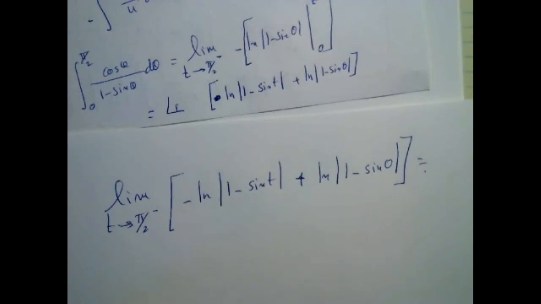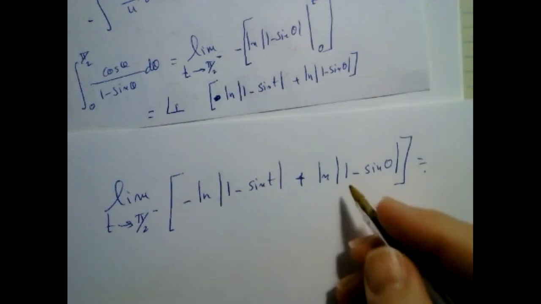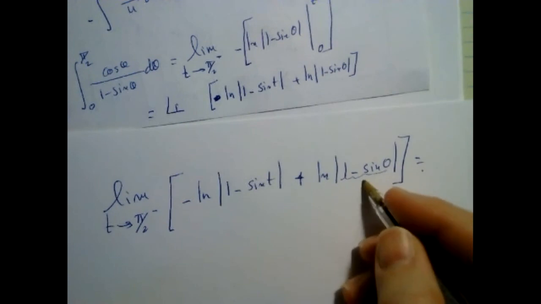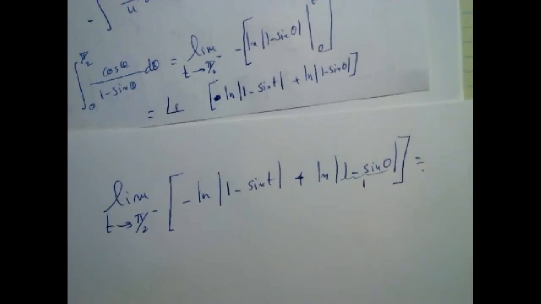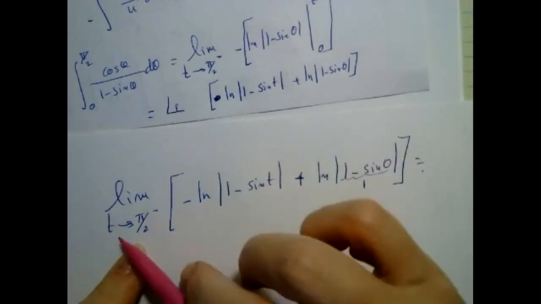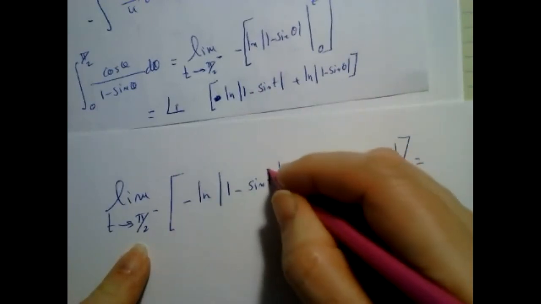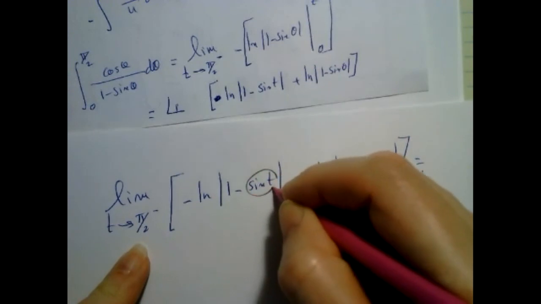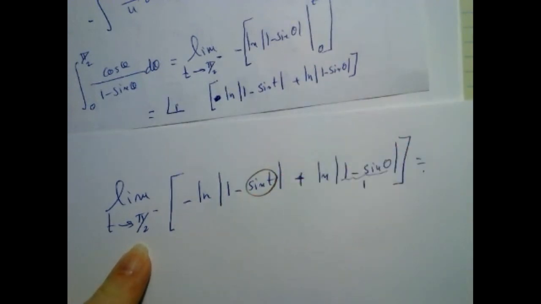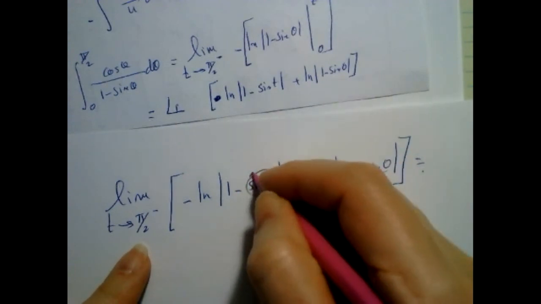Analyze it for me. Okay, what do I mean by analyze it? When t becomes close to pi over 2, sine of t becomes close to what? 1. So this becomes close to 1.